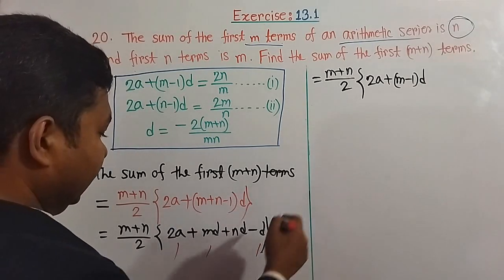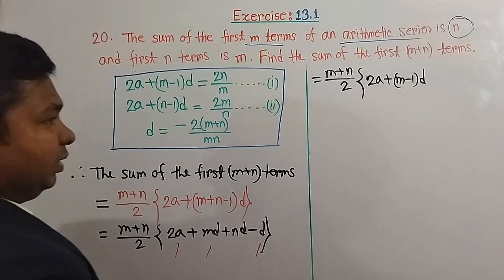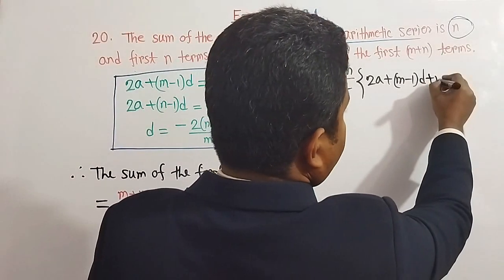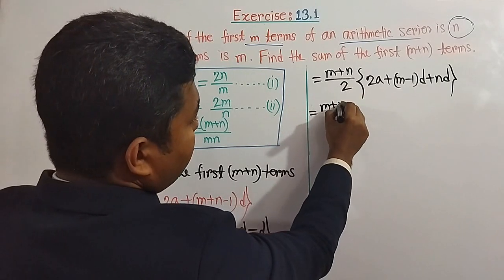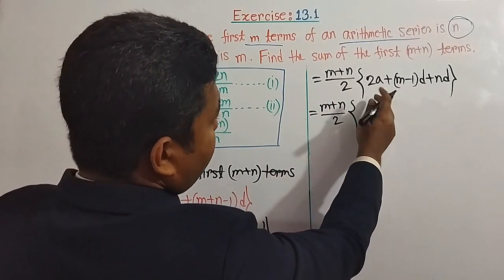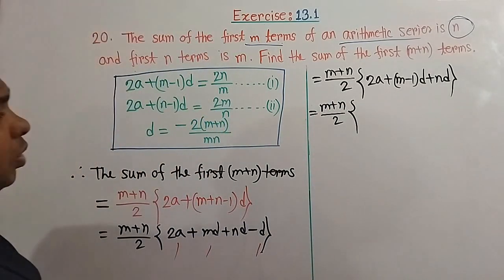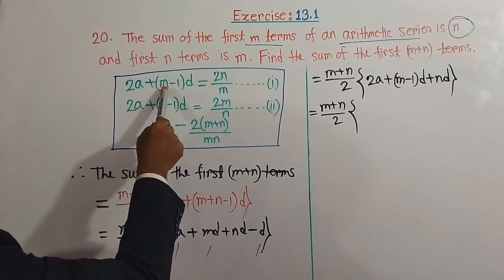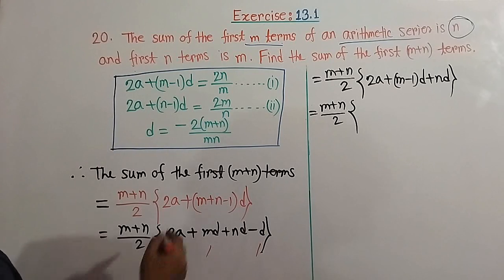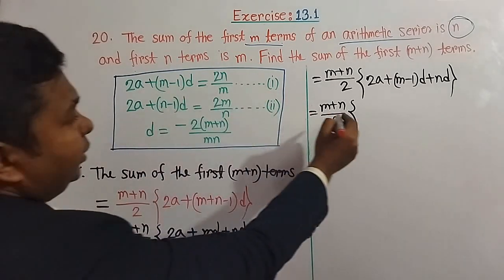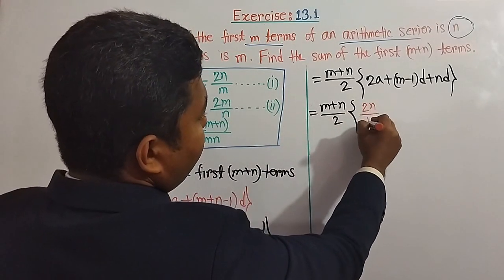So for equating we have to write plus nd, then here (m + n)/2. Now (2a + (m − 1)d), which is our left hand side, whose value is 2n/m. So by using this value we can write 2n/m.